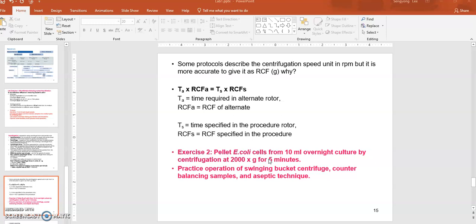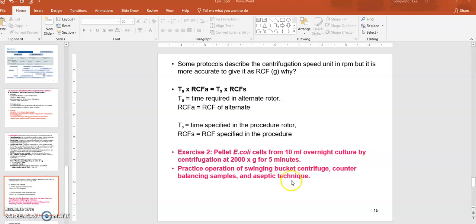So if you have a 10 ml sample, you need to create a dummy tube filled up with water that will give you equal weight. The counterbalancing unit should have equal weight, so you create a balance on the rotor when it's spinning at high speed. So you will practice how you create that counterbalancing of your sample.